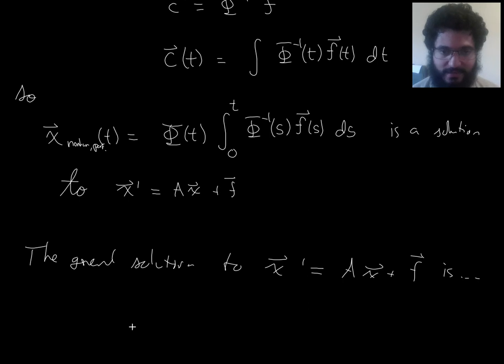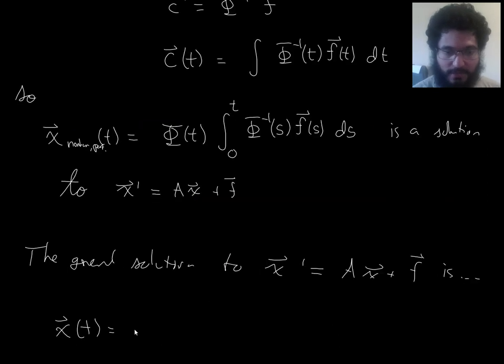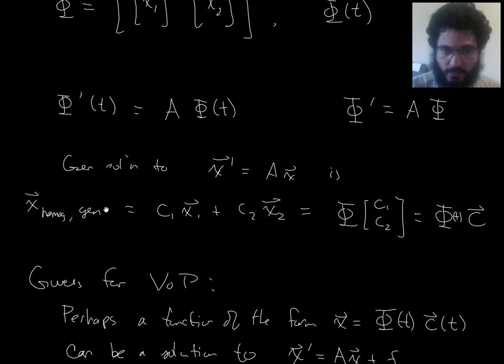is, here goes, x of t, general, whatever subscripts you want to put, x of t equals, and then I need to put the homogeneous general solution. We described that before as phi of t applied to, let's see, what notation did I use before? X homogeneous general is phi of t applied to c. That's unfortunate that I had used c for that also.